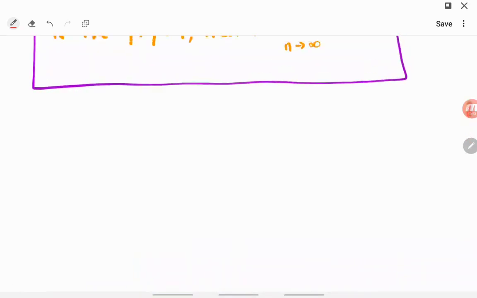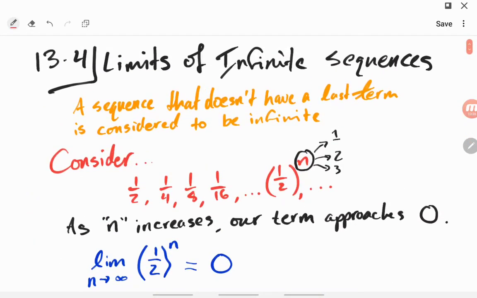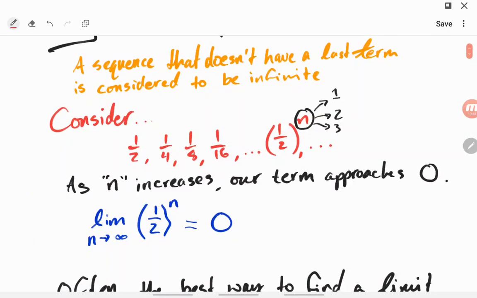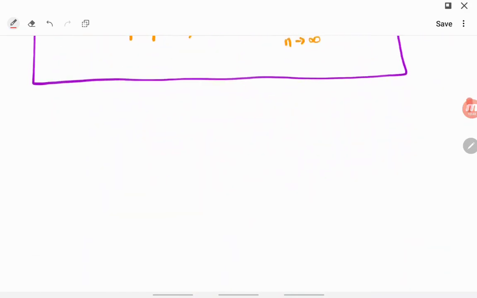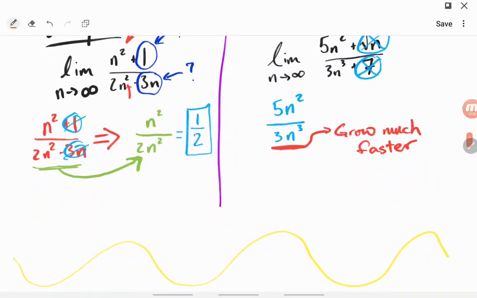It's just like the problem we had up here, with 1/2, 1/4, 1/8, 1/16. My denominator is growing very quickly, so what do I approach? I approach 0. So it makes sense that if the denominator is growing faster than the numerator, this approaches 0.